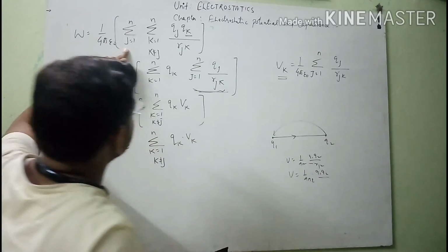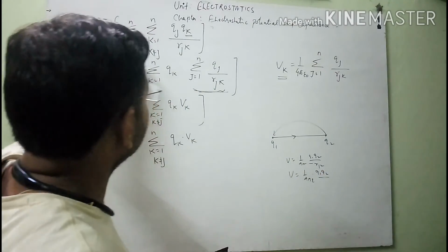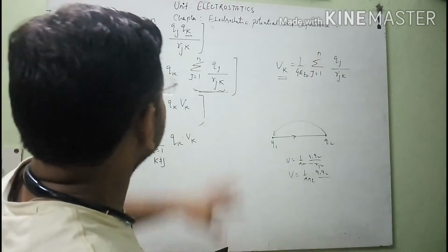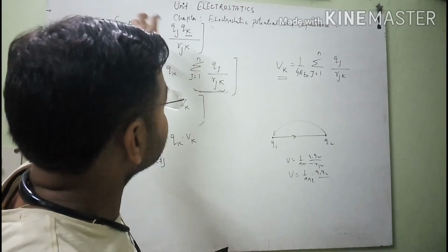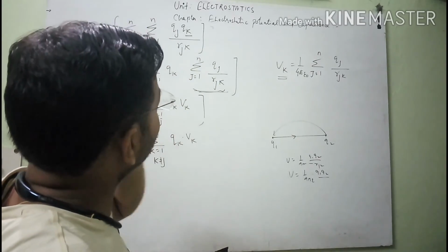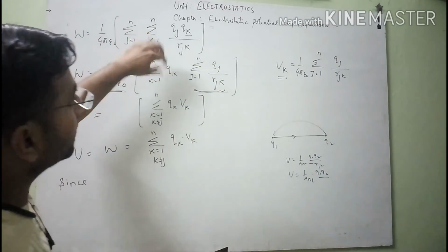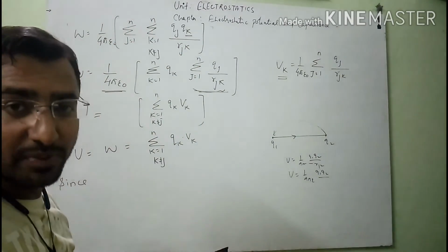So in this calculation also, we have taken this type of condition. Means in this calculation, the total amount of energy we have taken 2 times in each pair.